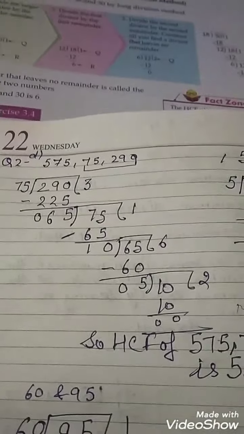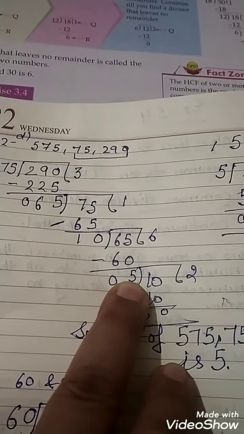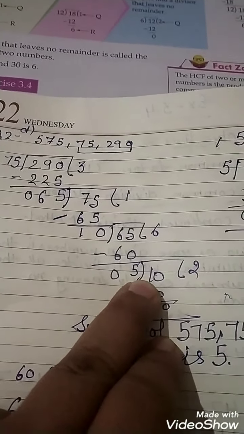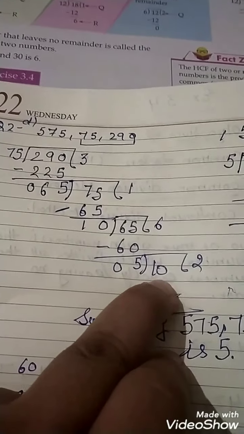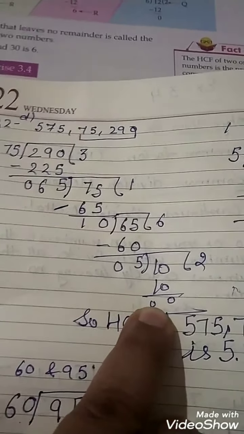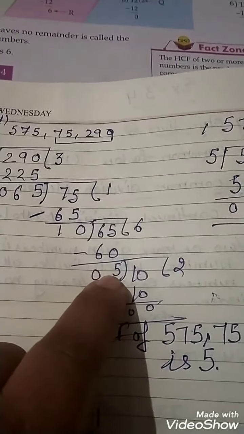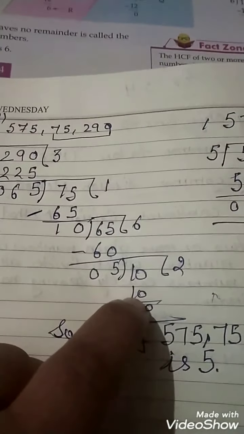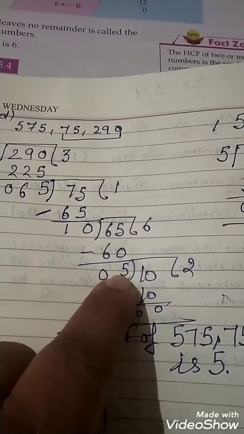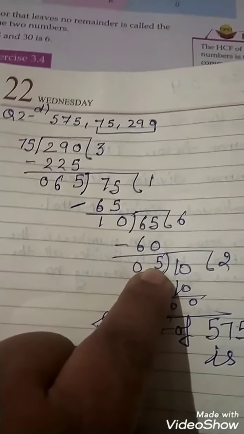Now put 65 here, 10 6s are 60, you get 5 as a remainder. Now 5 becomes the divisor and 10 becomes the dividend for the next step. Then 5 2s are 10. Yes. Now we get the remainder 0. So when we multiply 5 with 2, we get 10 and get the remainder 0. So 5 is the HCF of 75 and 290.